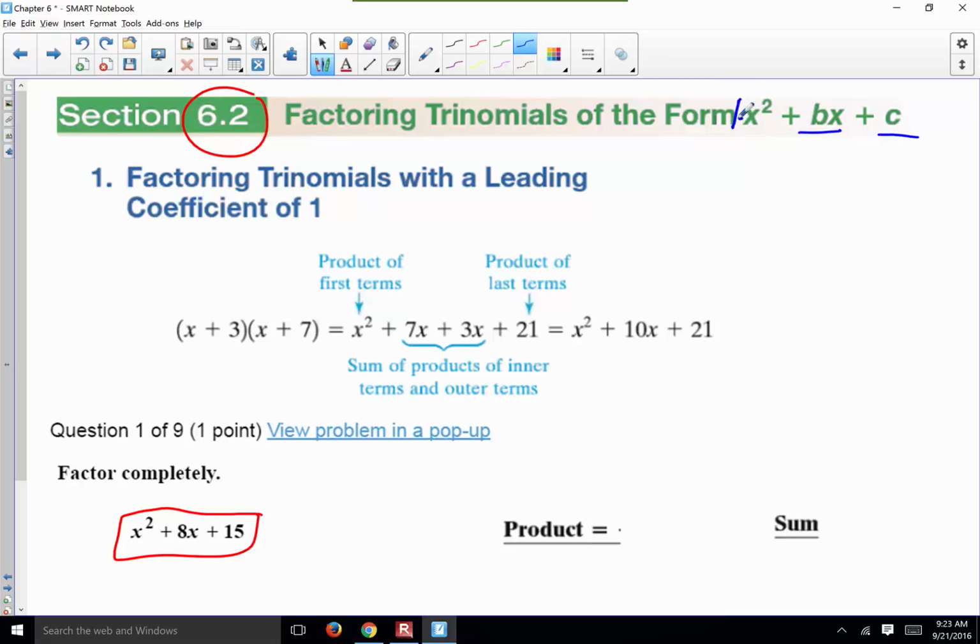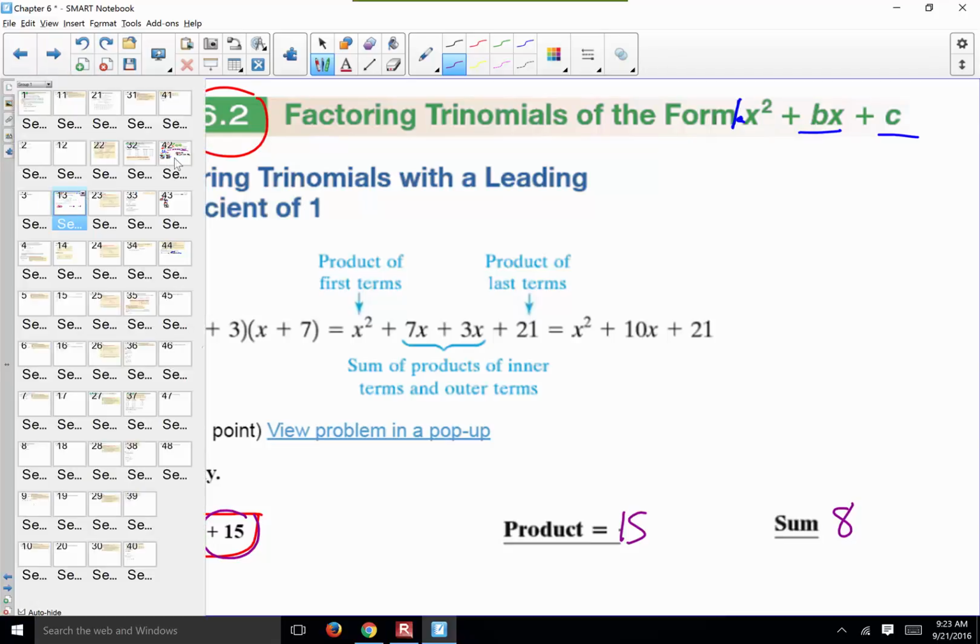The key thing is it starts with 1. All you need to do is find out what numbers multiply to 15, what same two numbers add into 8. Remember that trick? That's what we are going to do on our current question.